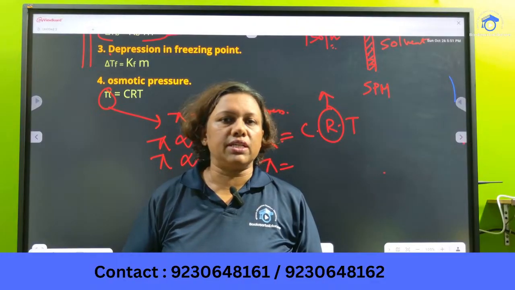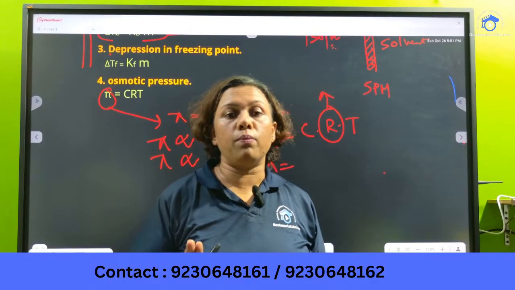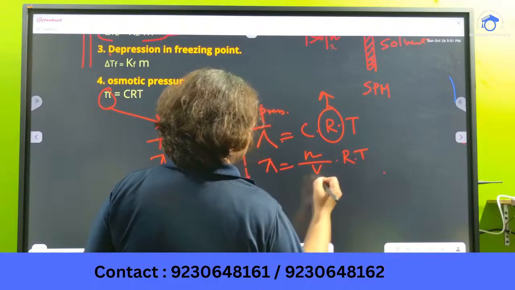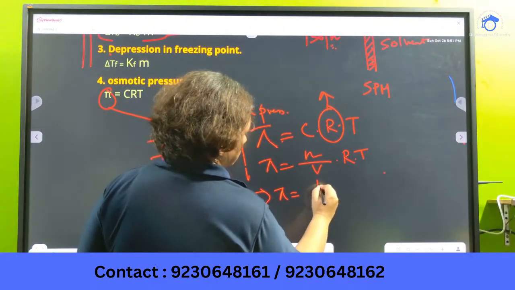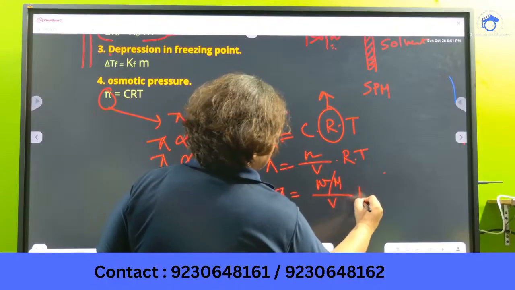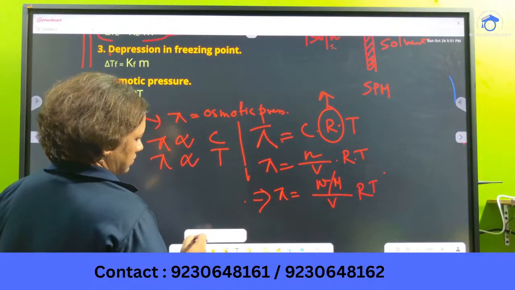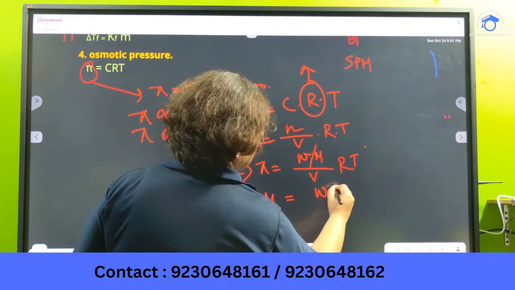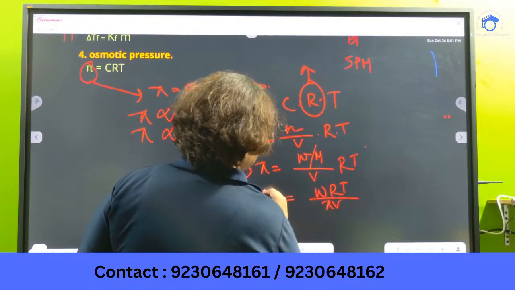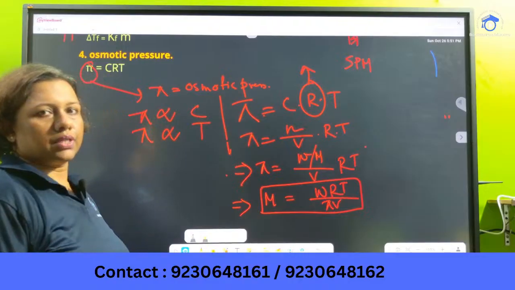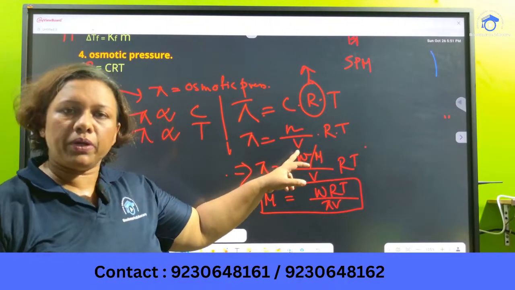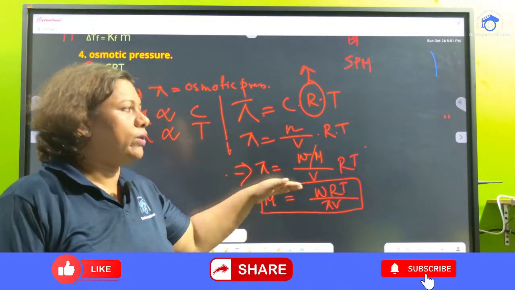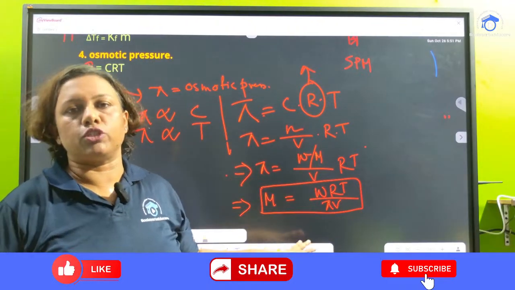Many people get confused, what is density, what is concentration. Concentration is number of moles present per unit volume. So number of moles present per unit volume, again simplifying, number of moles is given weight by molecular weight, so that the molecular weight can be equated. This is the simplified form in terms of osmotic pressure.